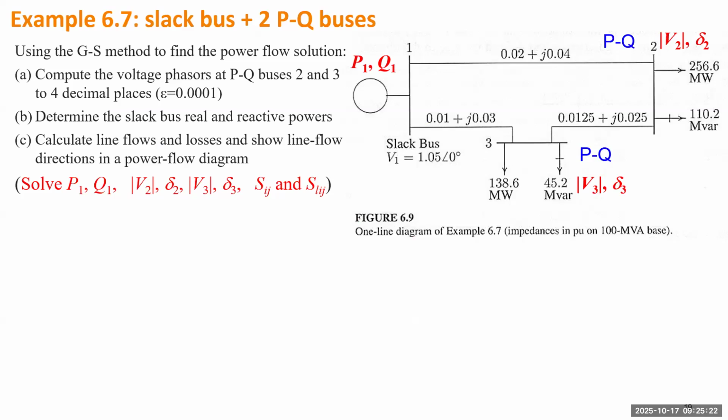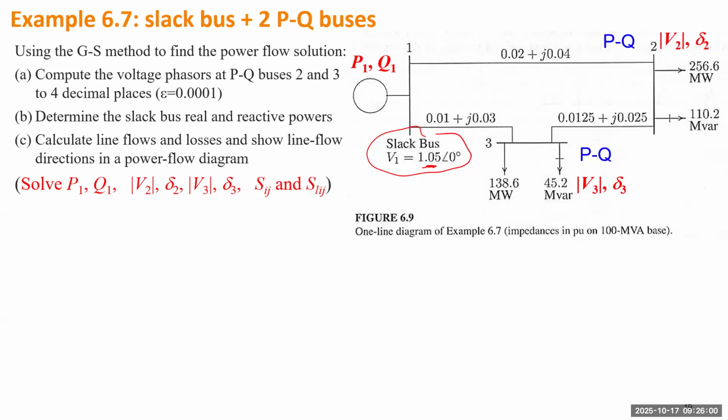Okay, let's talk about example 6.7. This is a toy system with only 3 buses, but it is a power network, literally speaking. Here we assume we have one slack bus, which is bus 1. For the slack bus, we give a voltage of 1.05. This slack bus may represent an equivalent generator for a large system.